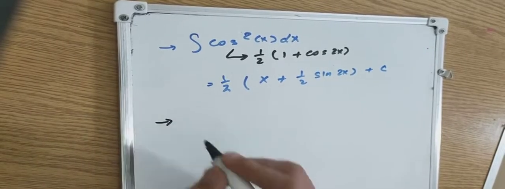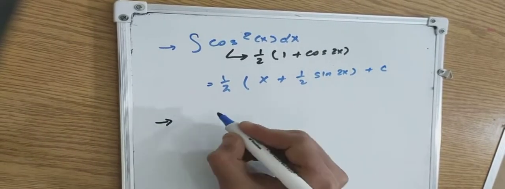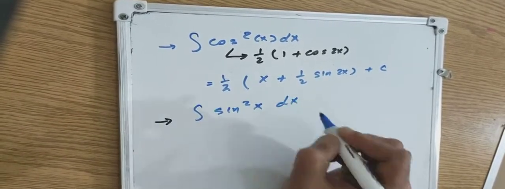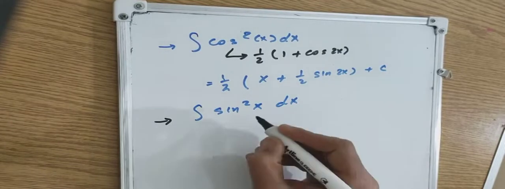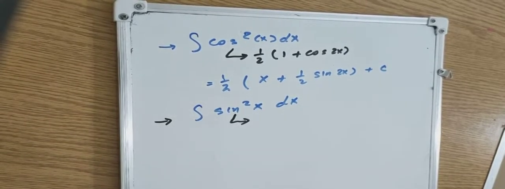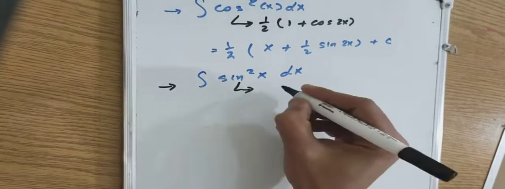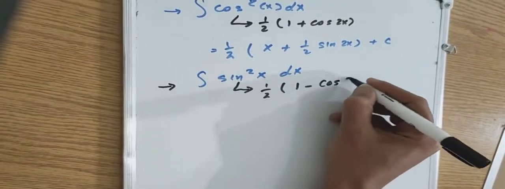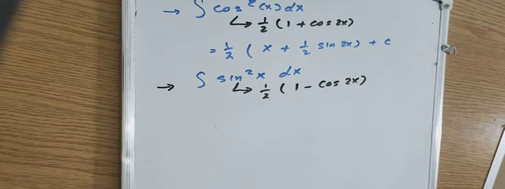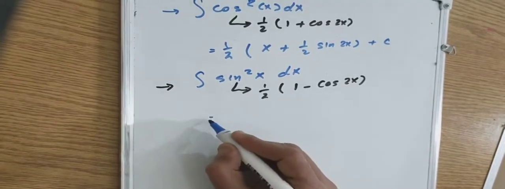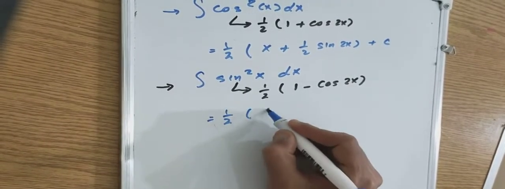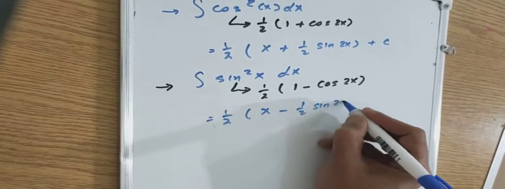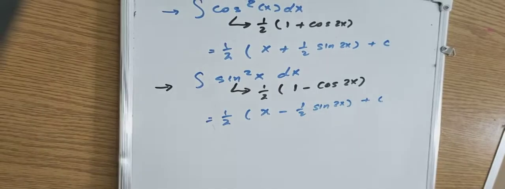And if we need to integrate the function sine squared, in the same way, we first use the identity that sine squared is equal to half of 1 minus cosine 2x. So half is constant outside, and the integration of 1 is x, and of cosine 2x is sine 2x over 2, plus c.